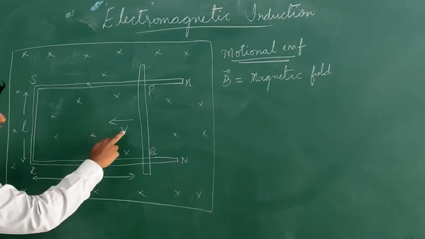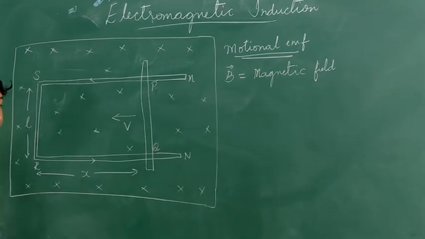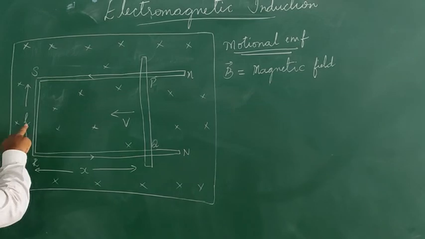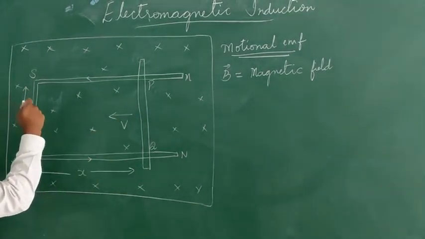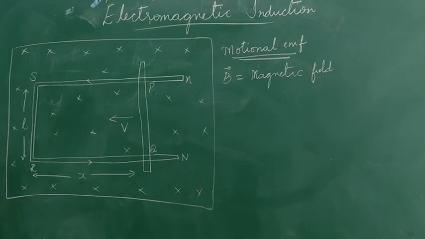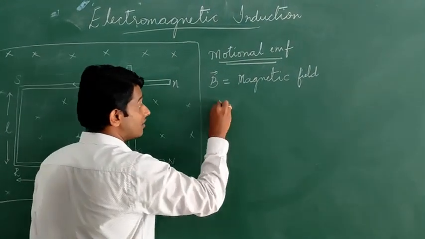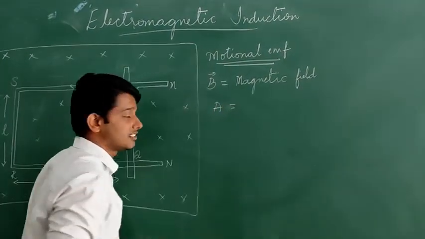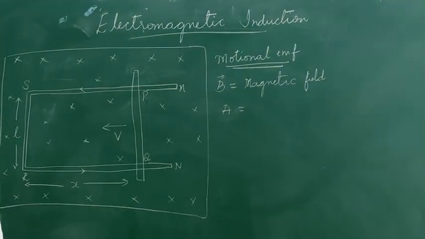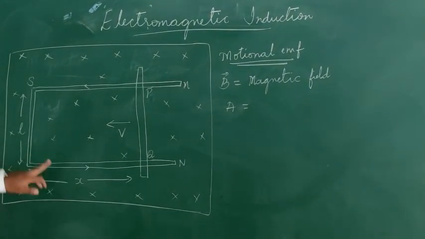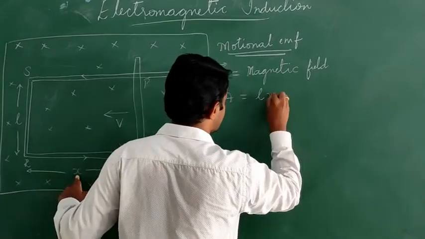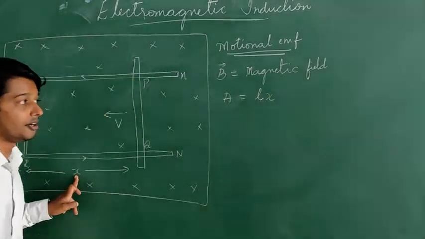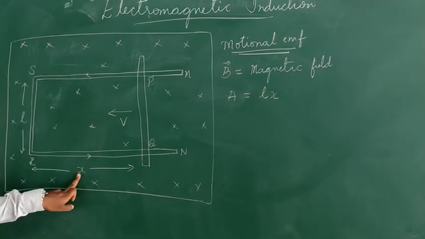Let V be the velocity of the movable part PQ. L is the length of the conductor and X is the distance between PQ and RS. Let us take the area of this conductor as A. Area is length into breadth. Length is L and the breadth is X. So area is equal to L into X.